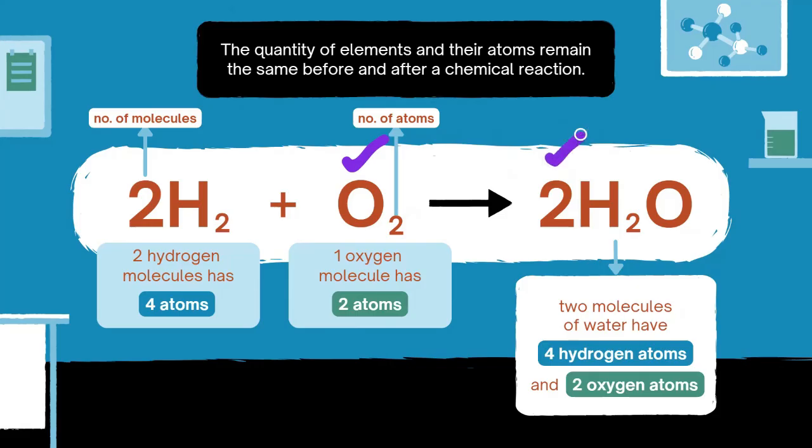Now how is it a balanced equation? So look at the number of hydrogen atoms in the reactant. In reactant, there are two hydrogen molecules and one molecule of hydrogen has two atoms. So, total there are four atoms of hydrogen in the reactant side.